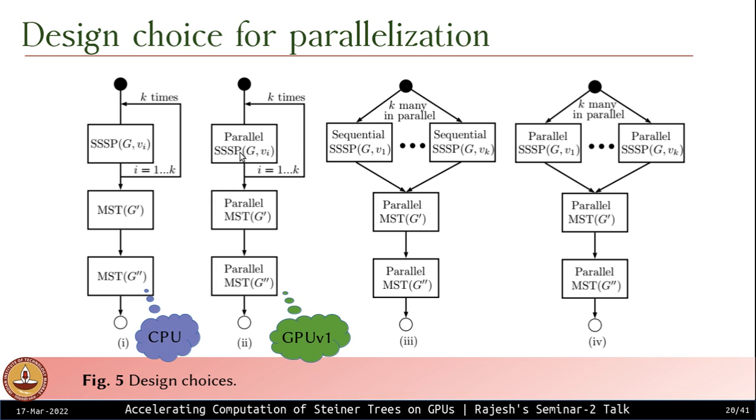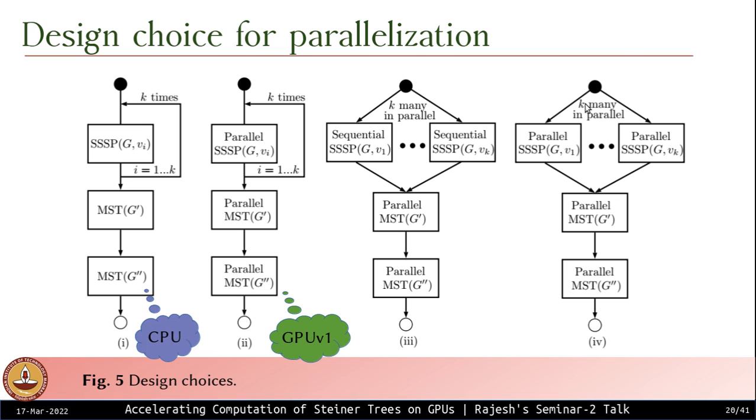Although each SSSP happens in parallel, the k SSSPs are happening one after the other, which means sequentially. So we try to improve version 1 of the algorithm in the following two ways: by replacing the sequential SSSPs and running all the k SSSPs in parallel.